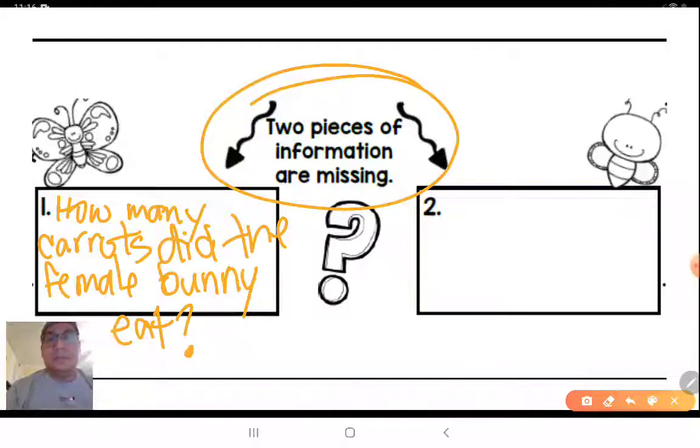What information is missing over here? Well, the question, right? In general. Difference.